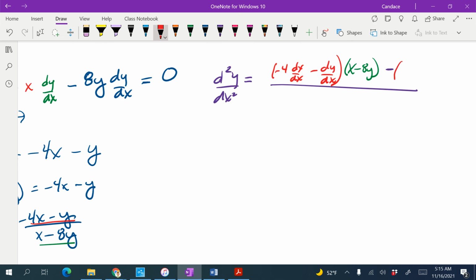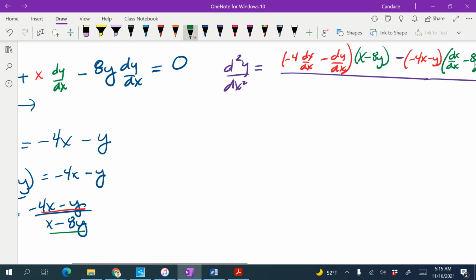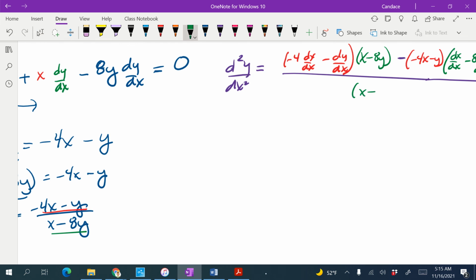So that's going to be negative 4x minus y. And then we're going to take the derivative of the green. The derivative of the green would be dx/dx minus 8 dy/dx. And then all over the green squared, the x minus 8y squared.